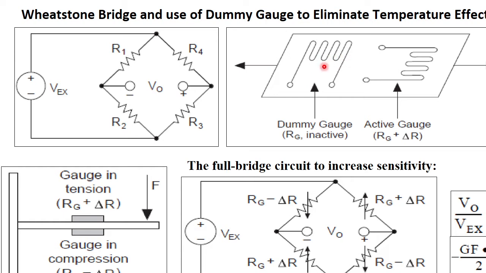That much strain it will experience. So again two such on the bottom, so that gives us 4 strain gauges, and by that we created the full bridge and we measured the strain once again.